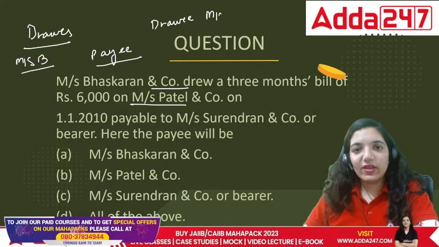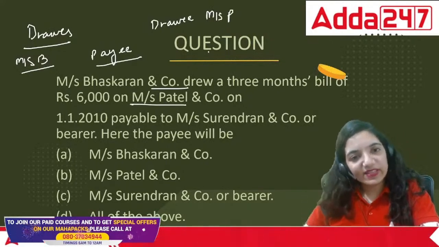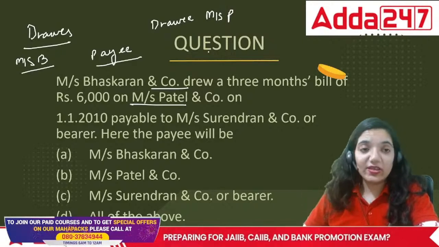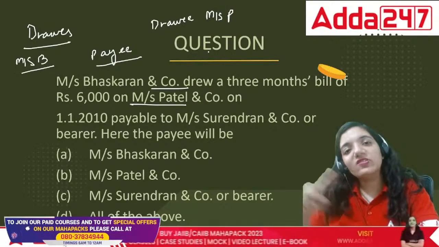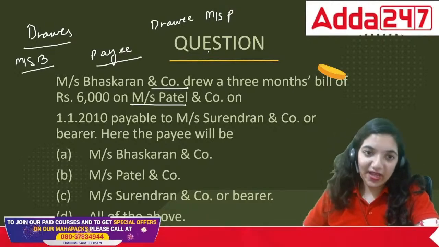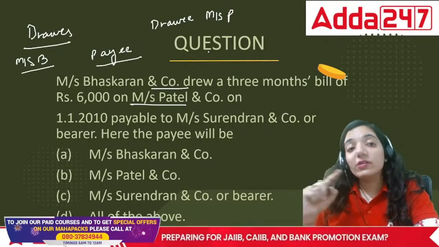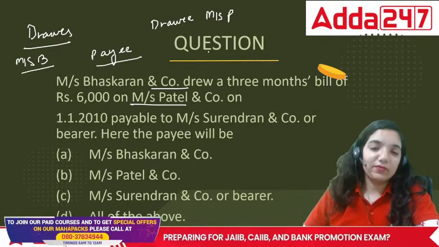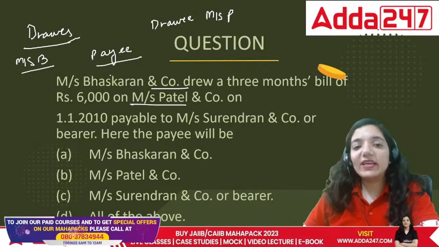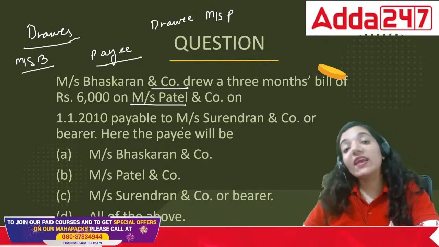Patel, who is the drawee. The drawer has ordered the drawee to pay a certain amount of money after a certain period of time, and that too to him or the bearer. That means either he will be paid or anybody else.